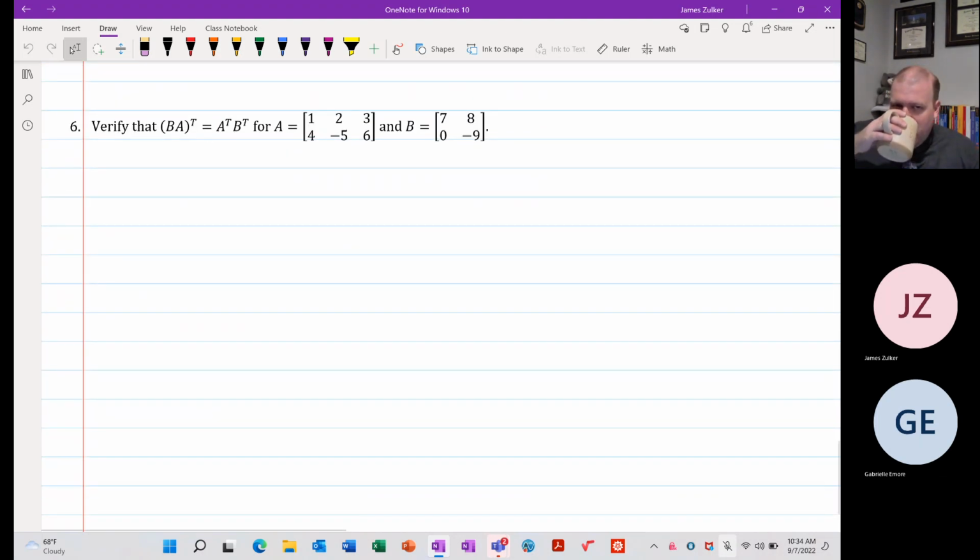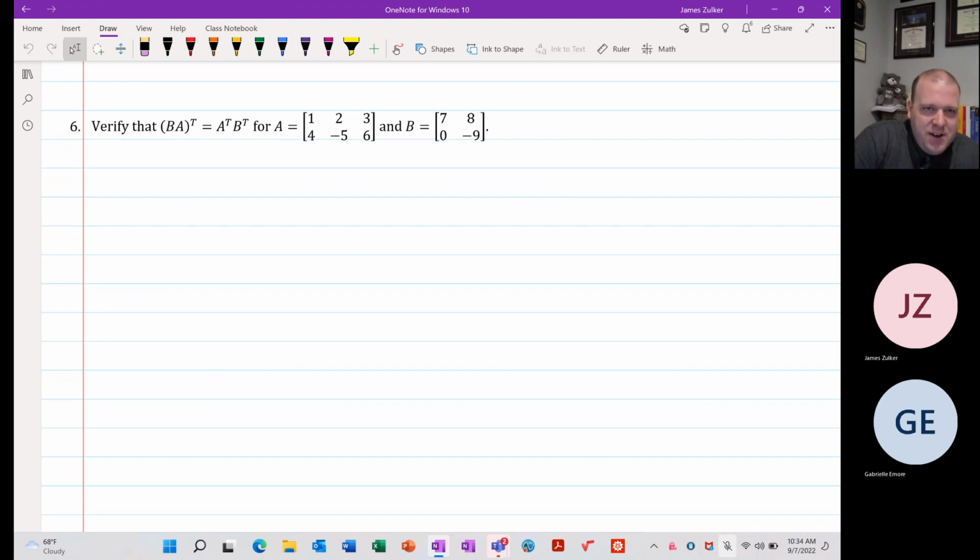Excellent. Right, what we're being asked to do here is verify that if we take B times A first and then take its transpose, it is the same as finding the transpose of A, finding the transpose of B, and then doing A transpose times B transpose for these specific matrices.